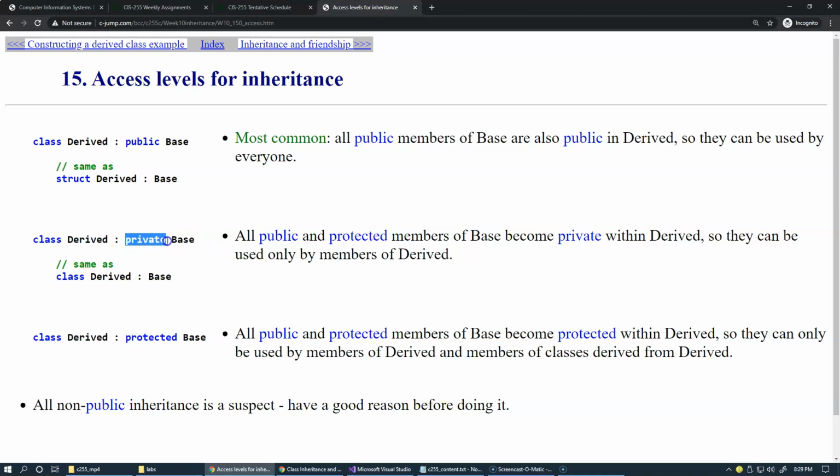They will be blocked by this private type of inheritance. So outside, when someone wants to create the derived class and there is an operation on the base class which is public, they will not be able to call this operation outside of the derived class. So this is the idea.